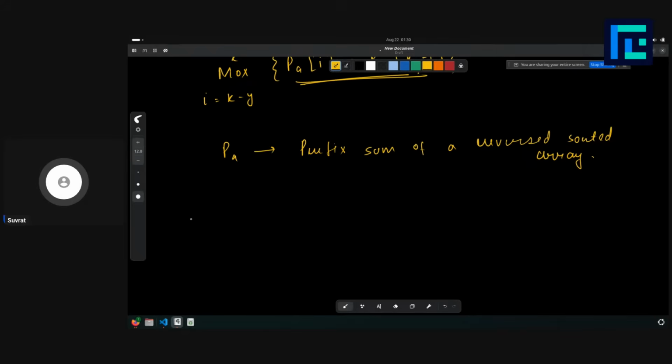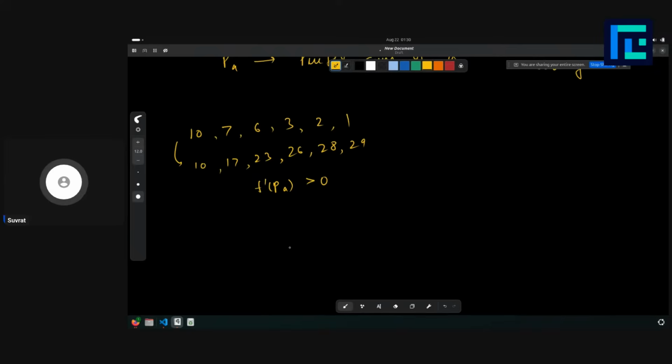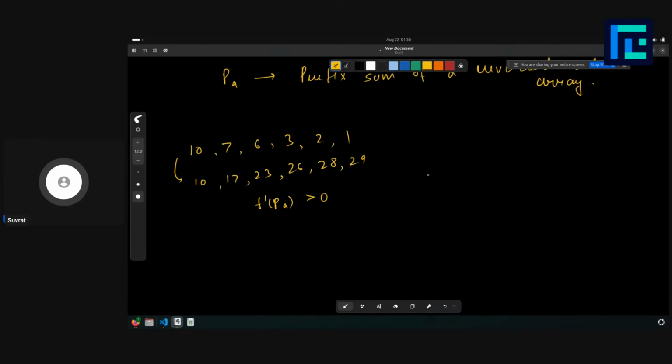So basically, a reverse sorted array, let's take an example: 10, 7, 6, 3, 2, 1. So the prefix sum of this would be 10, 17, 23, 26, 28, 29. Okay. So first of all, this function will always be increasing since all the numbers are positive. So f dash of PA would be positive, right? Now let's try to check the concavity of this function.